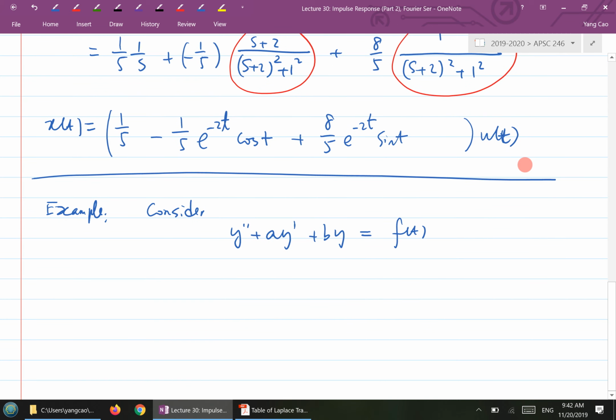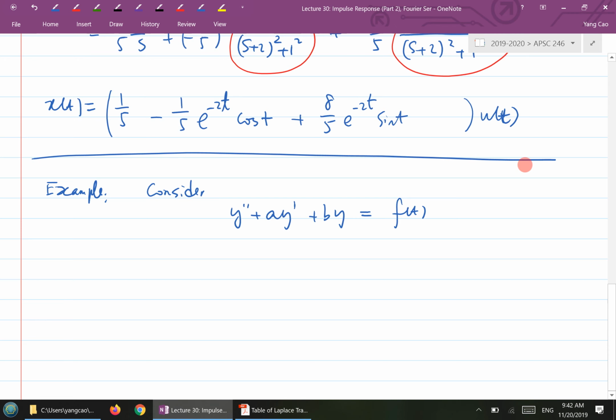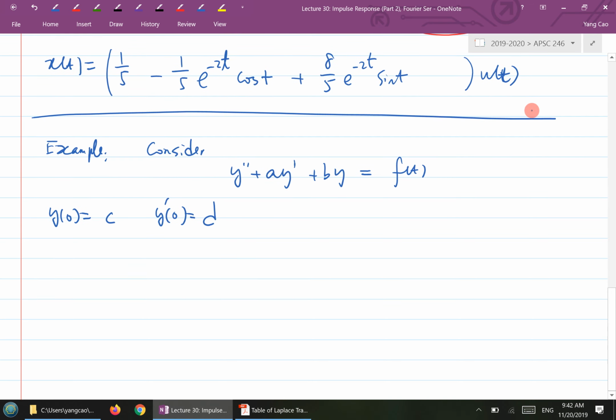So let's look at this general second order differential equation with an input f of t, and initial conditions C and D. So a lot of symbols here, no numbers. A and B are the system parameters. C and D are the initial conditions. So what will be the solution for this second order differential equation?